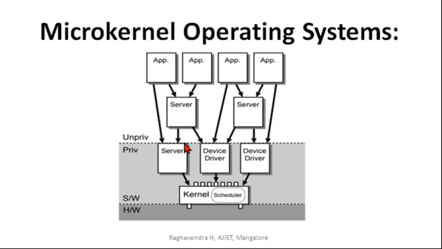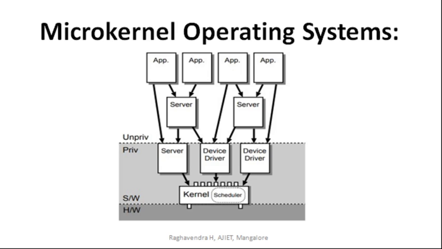If it is communicating with the unprivileged server, then it has to pass to the privileged server, or it has to pass to the device driver, to go to the kernel. Inside the kernel we have a scheduler. So the alternate structure is to push some OS services into the server, and the server may be privileged, that is, operated in kernel mode.